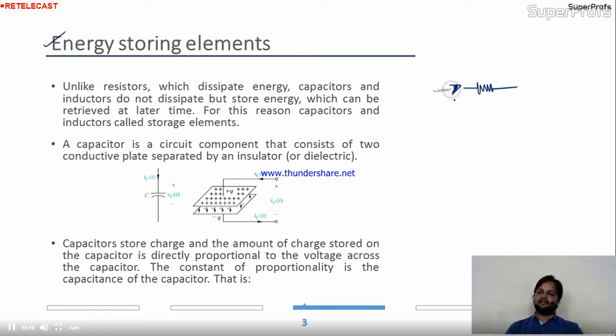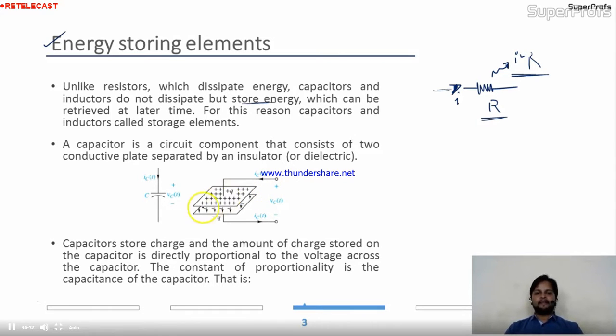Current will come, it will dissipate the energy in the form of heat. But unlike the resistor, capacitor and inductor do not dissipate but store the energy. What is the application of capacitor and inductor? The capacitor and inductors are the energy storing devices.